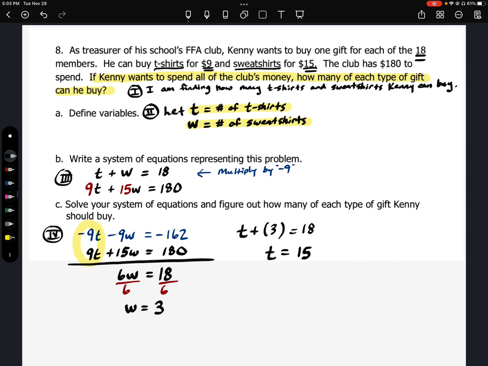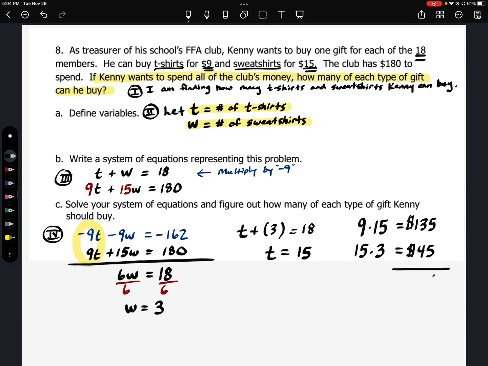Let's figure out how much money that would be. It's $9 for every t-shirt, and we have 15 of those. So 9 times 15 equals $135. And then $15 for every sweatshirt, that's going to give us a total of $45.